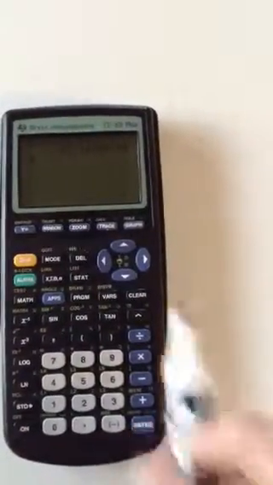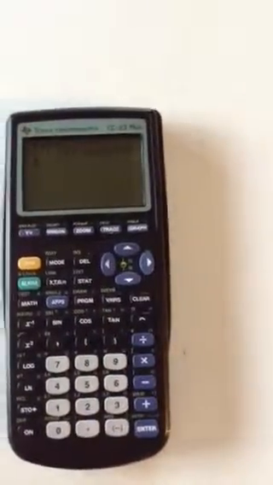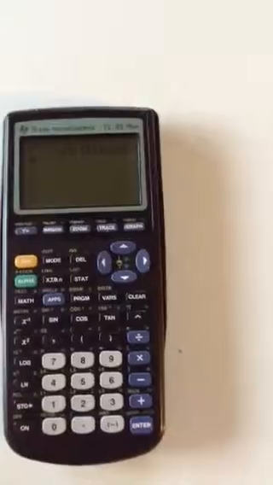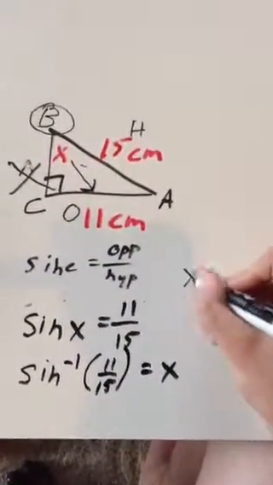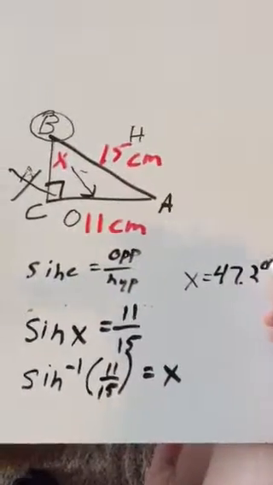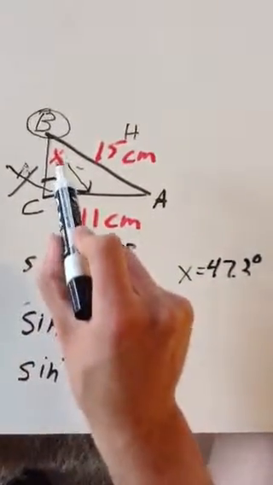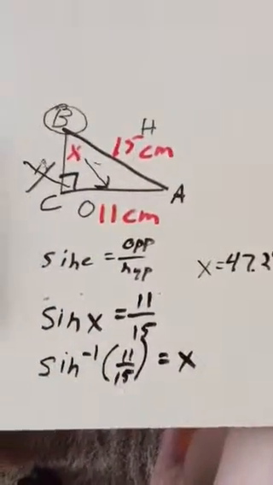It says 47.16657. Let's round to one decimal place, looks like 47.2. What that lets me know is X equals 47.2 degrees. So your missing angle X is 47.2 degrees. Figure the rest out.